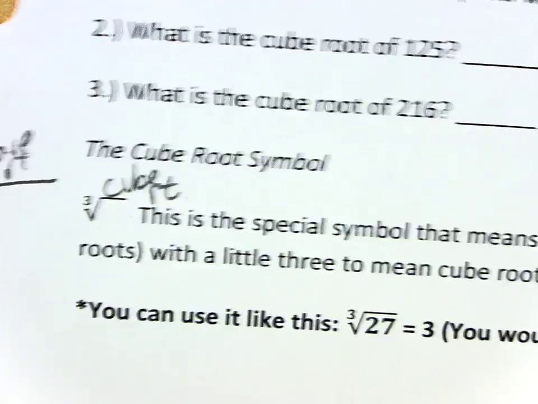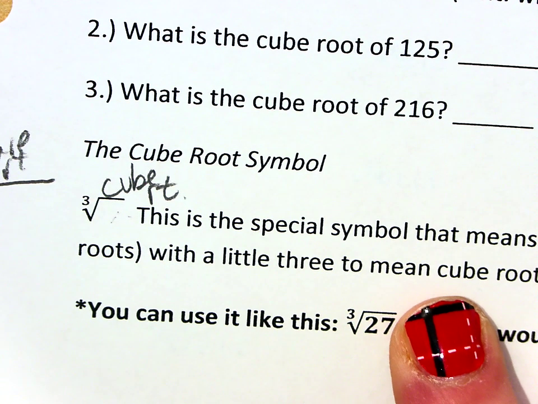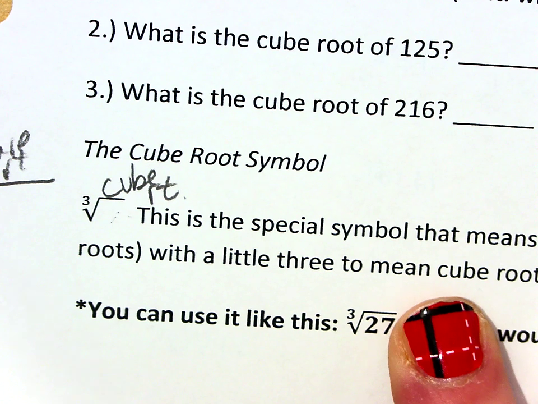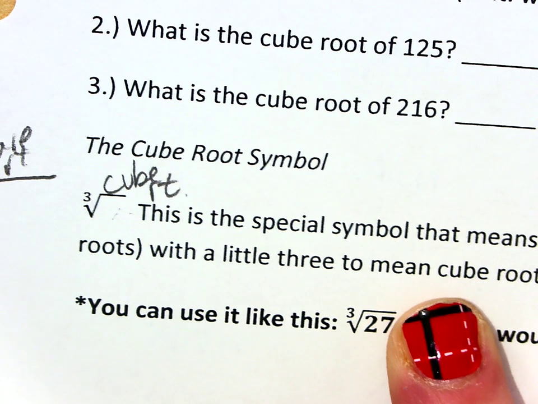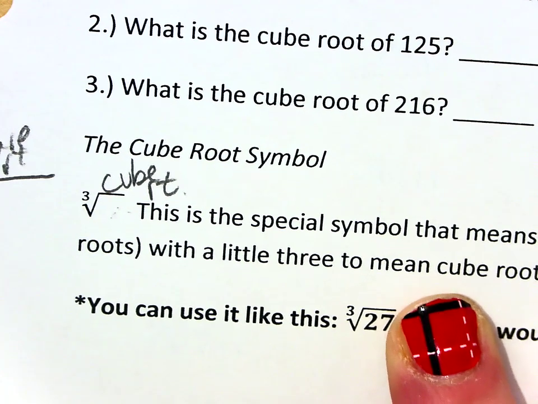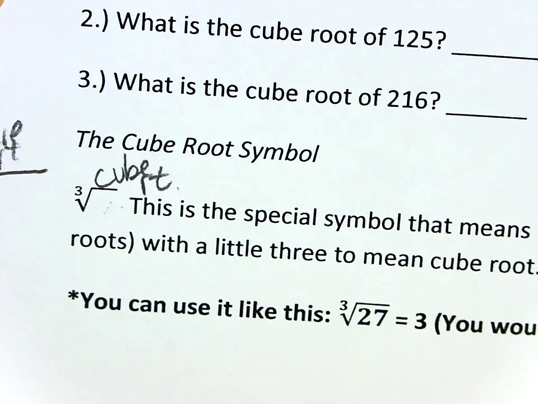Okay, and then I have a little example right here. So if you saw that symbol, right, that little 3 with the root over the 27, that means cube root of 27. So you need to ask yourself, okay, what number would I cube to get to 27? What times what times what, where all those things are the same, equals 27. And the answer, of course, is 3.